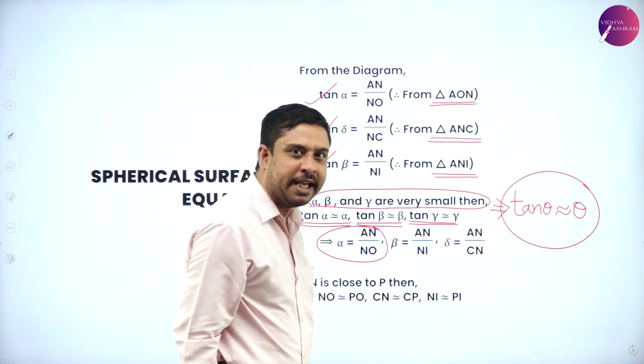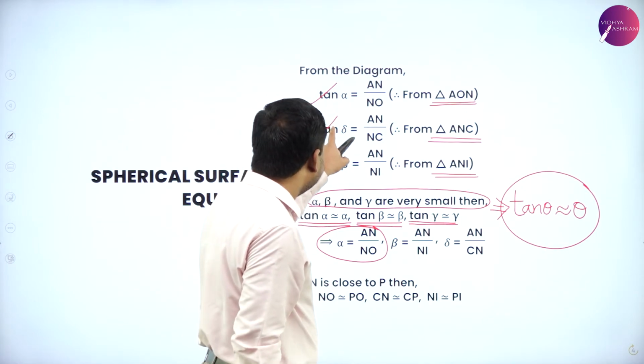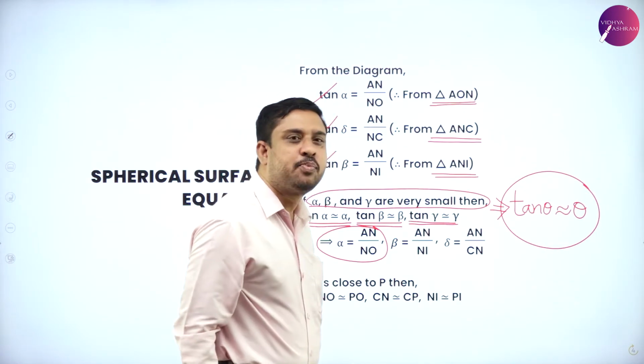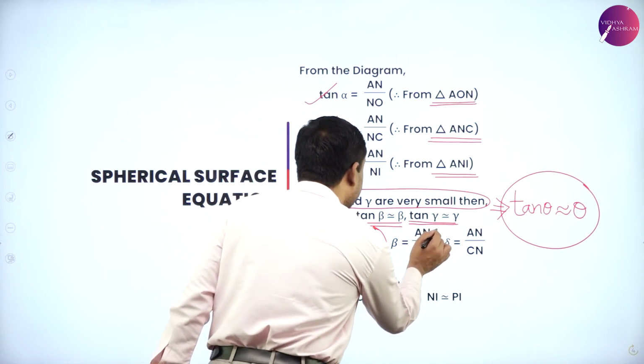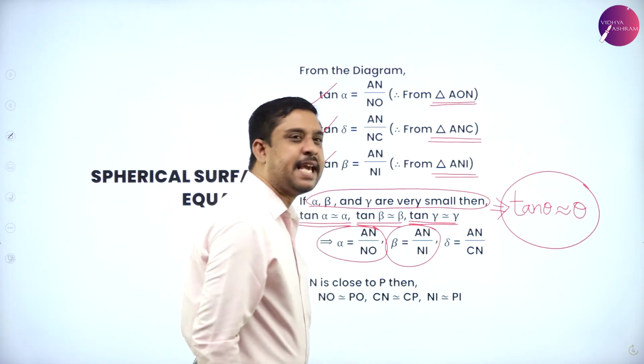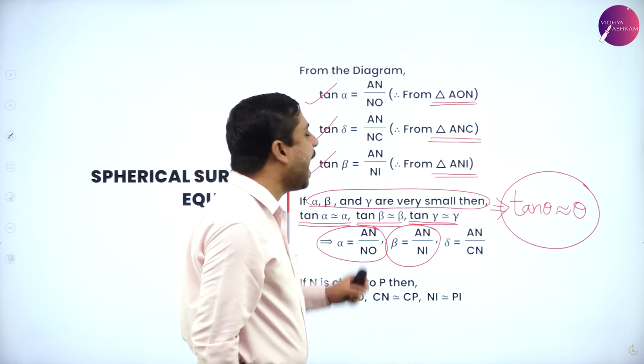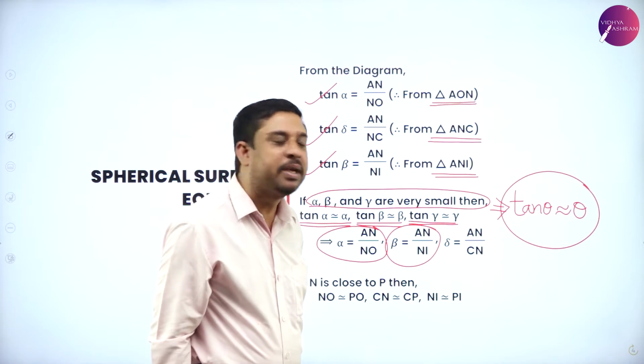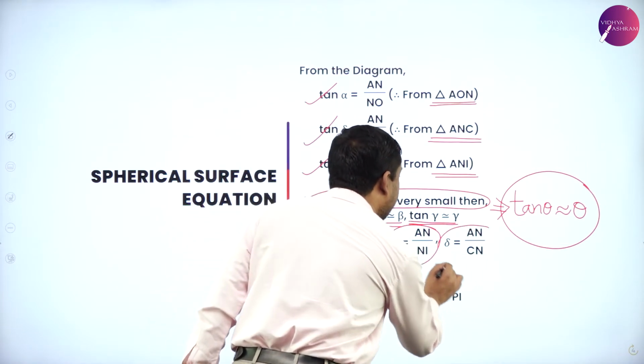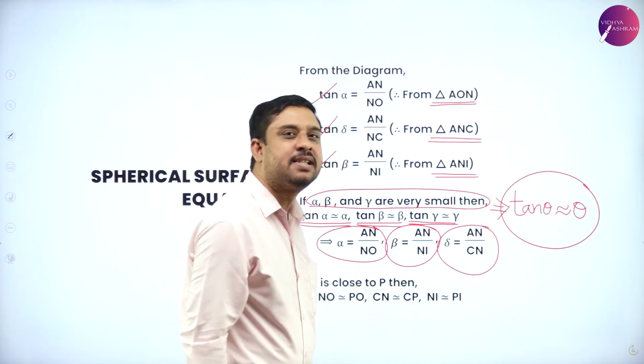an divided by no. Tan beta has become beta. So beta is an divided by ni. Tan gamma has become gamma, which is an divided by cl.